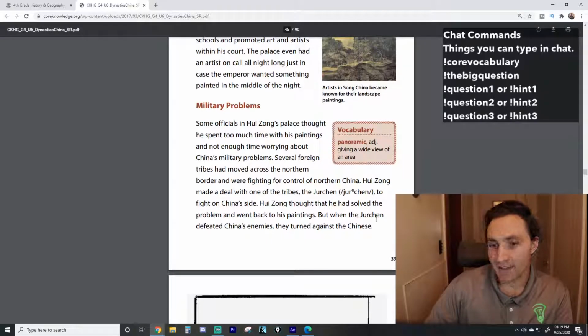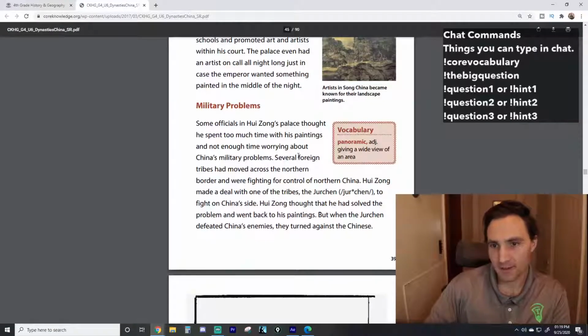But after that, they turned against the Chinese, right? They captured the capital city of Kaifeng and overthrew who? Who did they overthrow? Yeah, they were foreigners. Not formers, foreigners.